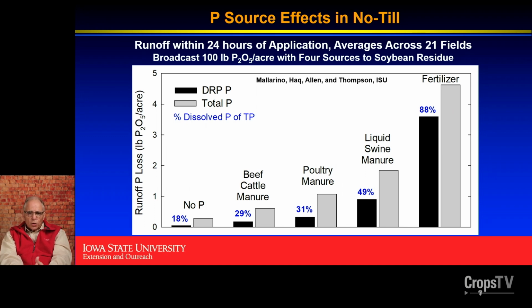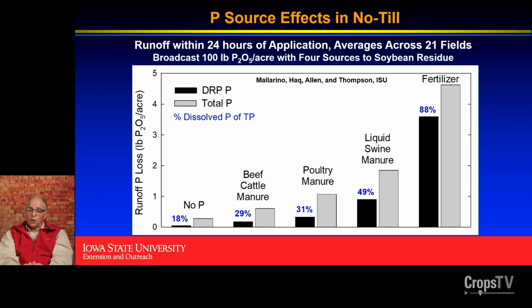And you see, those are averages. And when we have no P applied, we have beef cattle manure, poultry manure, liquid swine manure, and fertilizer. The amount applied was the same, okay, 100 pounds P2O5. And we got a runoff event within 24 hours of the application, okay?